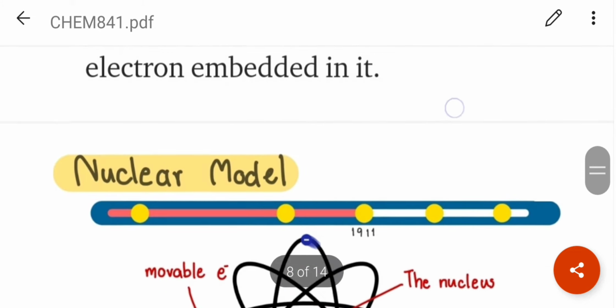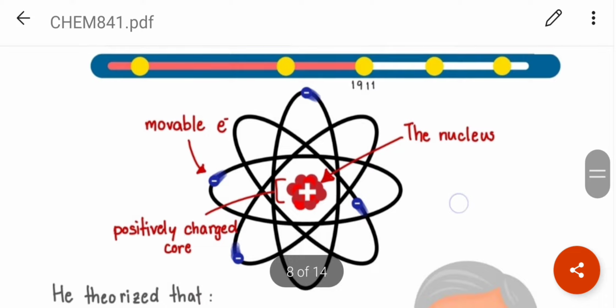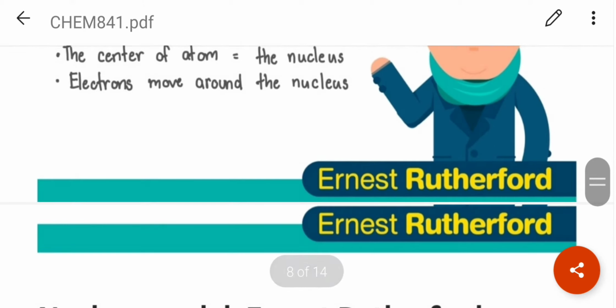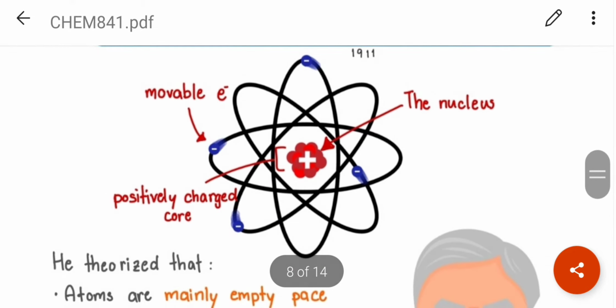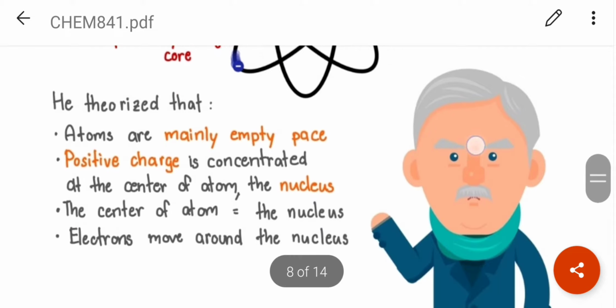Okay, so the next atomic model was proposed by none other than Lord Rutherford. Okay, so you can see his model. He said that atoms mainly have empty space.